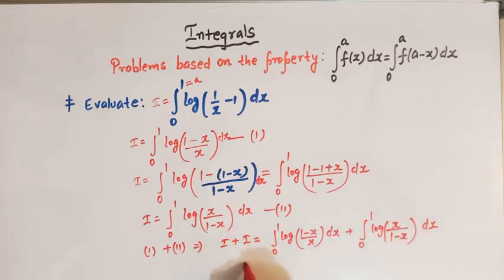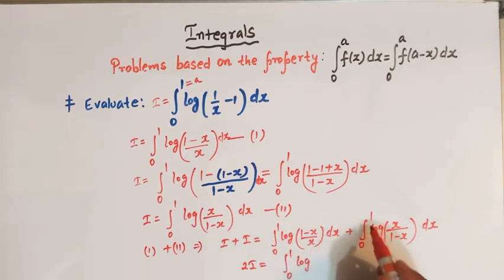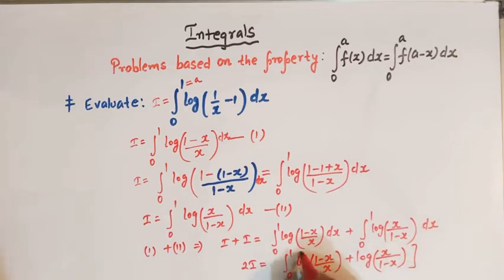So I plus I is 2I, integral from 0 to 1 of log. Now since the limits of integration are the same, we can write log((1 minus x) by x) plus log(x over (1 minus x)), and here we have dx, right?